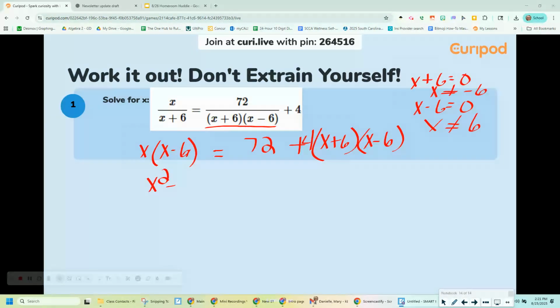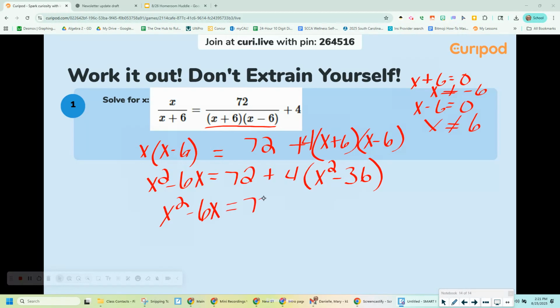So I have x squared minus 6x equals 72 plus 4 times x squared minus 36. Keep going. x squared minus 6x equals 72 plus 4x squared minus 144. Let's combine like terms before we start moving anything.